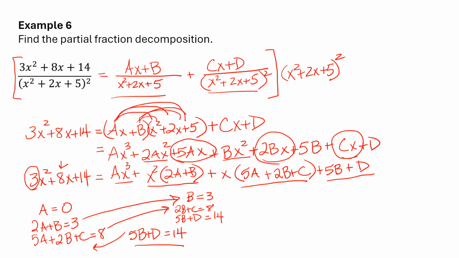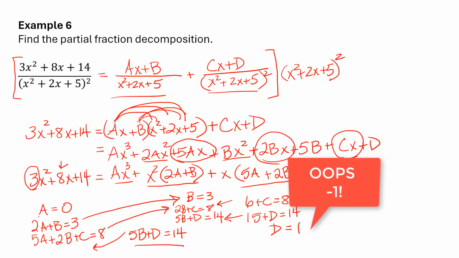All right. Since I already know what b is, I can go ahead and plug that into the second equation. So 6 plus c equals 8, which means that c is 2. 15 plus d equals 14. So d is equal to 1.